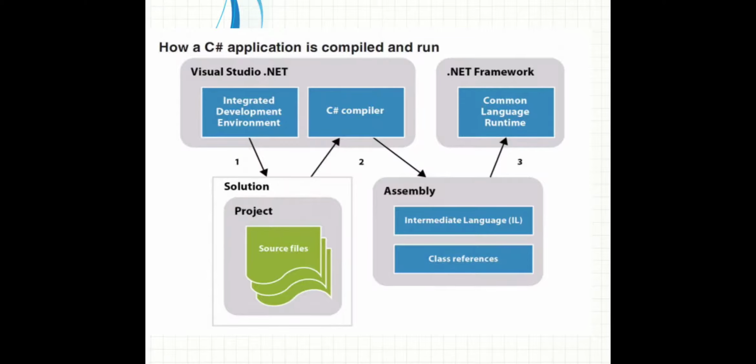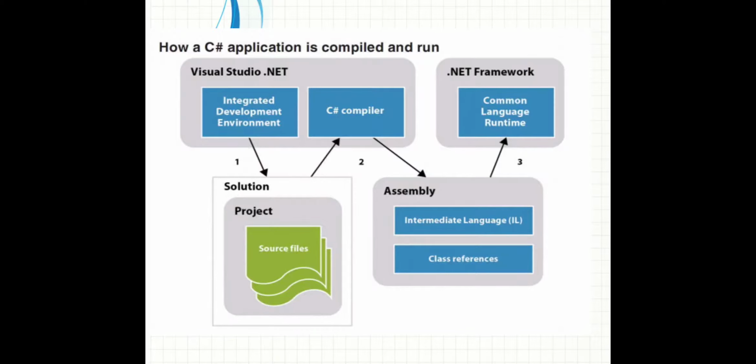Visual Studio supports all four languages: Visual Basic, Visual C Sharp, Visual C++, and Visual F Sharp. Visual Studio includes a Designer that can be used to develop Windows forms applications and web form applications. It also includes a code editor that can be used with all four languages, and HTML and XML can also be used there.